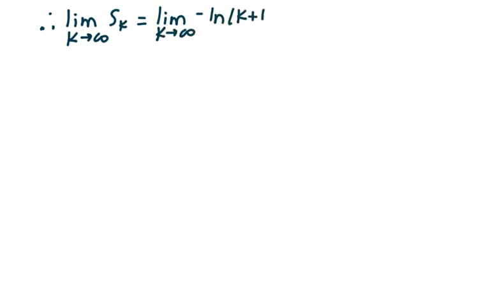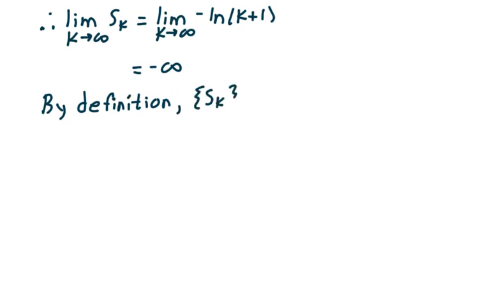So, therefore, the limit as k goes to infinity of s sub k is the limit as k goes to infinity of negative natural log of k plus 1. But that's negative infinity. So, by definition, we know that S sub k, this sequence of partial sums, diverges, right?